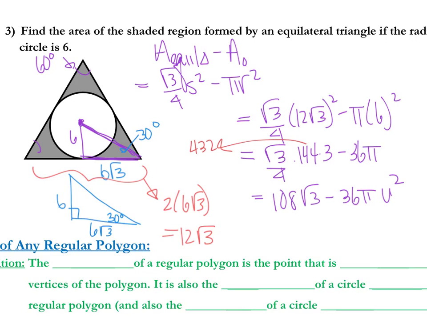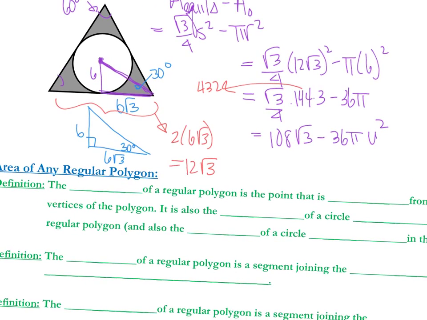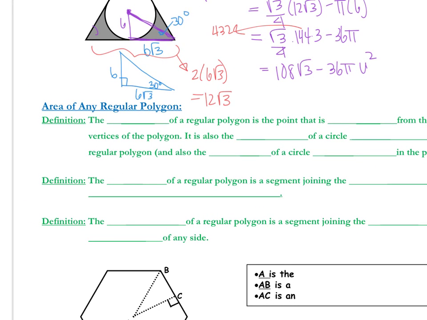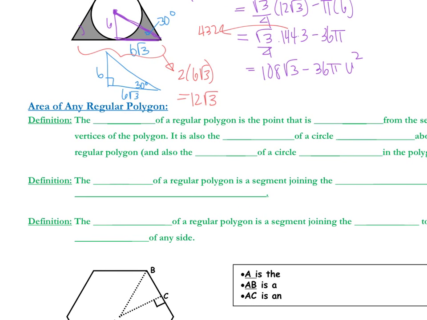All right, so those are the formulas for an equilateral triangle. Now we need to talk about a regular polygon that's not an equilateral triangle. Okay, so the center of a regular polygon is the point that is equidistant from the set of all vertices of the polygon.